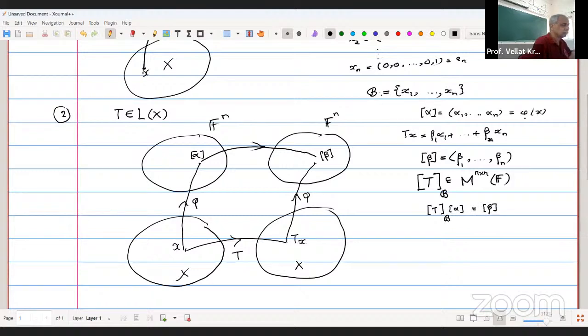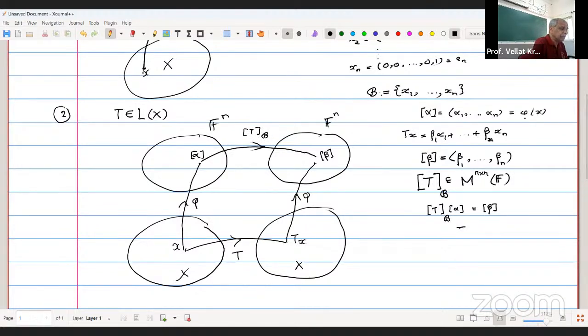Well, once again, it is routine to verify that since T is linear, T B is a linear transformation from Fn to Fn.